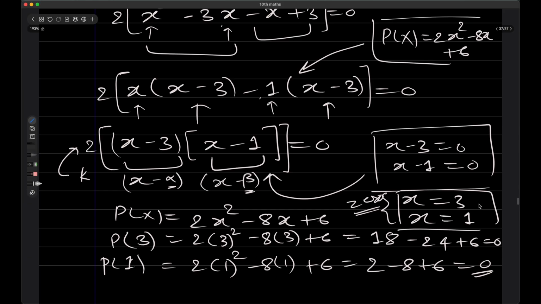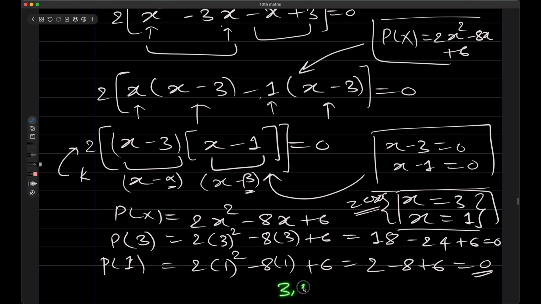We have checked here that x equals 3, that is alpha equals 3, beta equals 1, and they are the zeros of the polynomial. For x equals 3 and x equals 1, p of 3 and p of 1 we get 0.